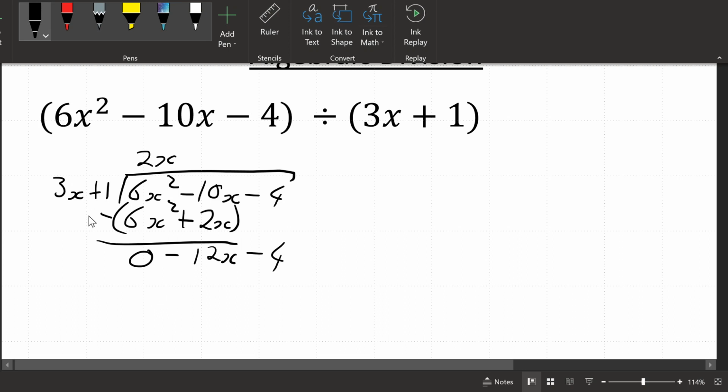So again, negative 12x divided by 3x, that's negative 4, because 12 divided by 3 is 4. Negative 12x here, plus 1 multiplied by negative 4 is again negative 4. Pop some brackets around that and a subtraction. I'll get 0 plus 0. Fantastic.